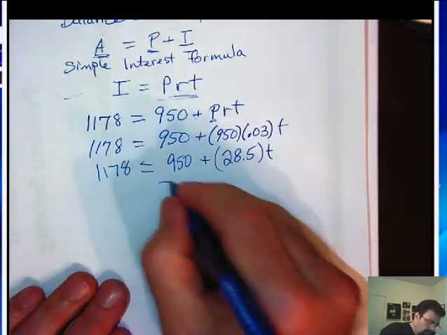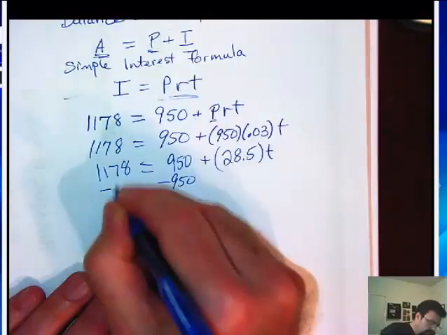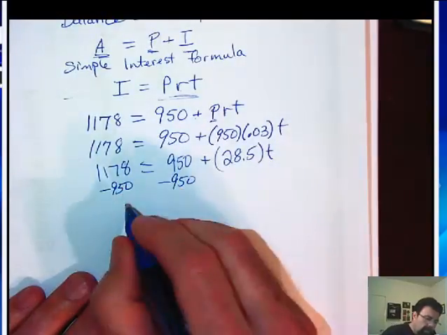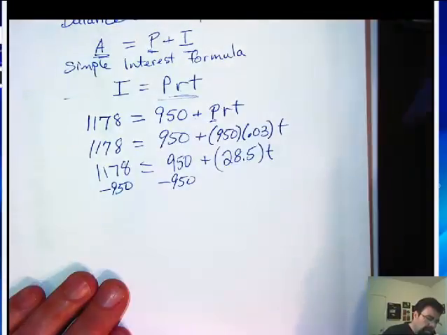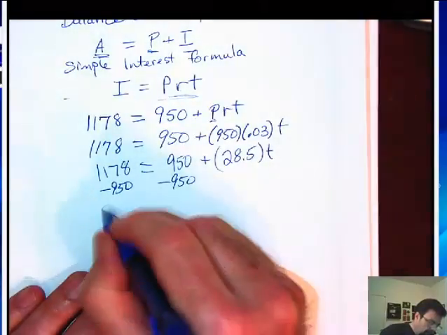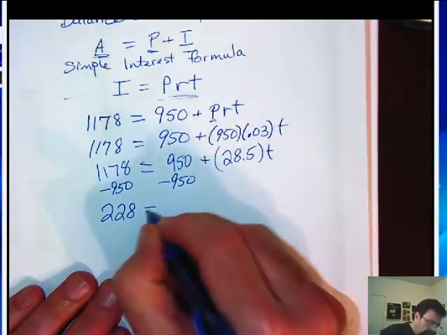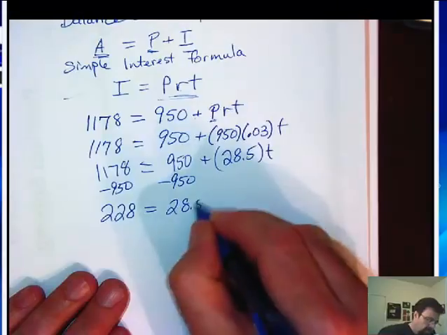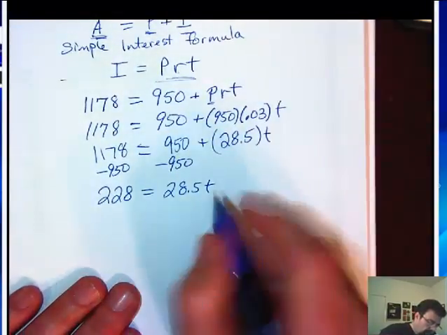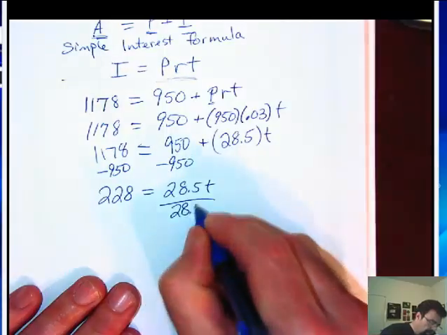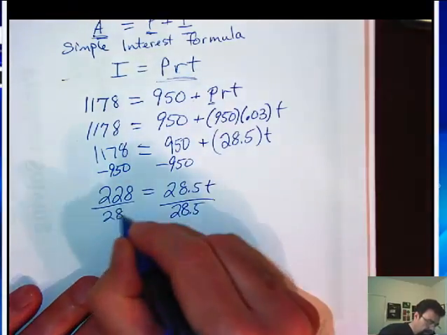Okay, let's subtract 950 from both sides. So 1178 minus 950 is 228. And we're going to divide both sides by 28.5.